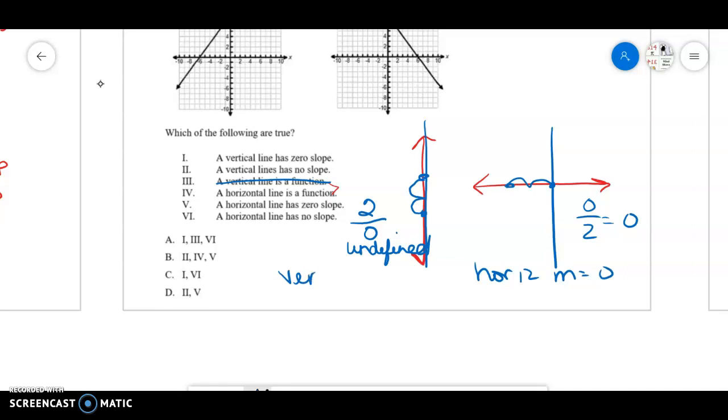A vertical line has no slope because it is undefined. Number 2 is true. We already talked about 4. Horizontal line has 0 slope. That is in fact true. So the answer I was looking for was B.